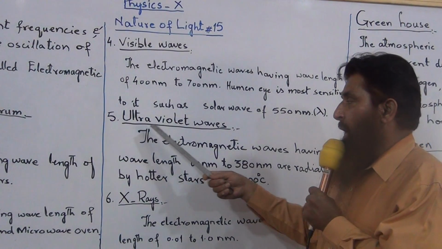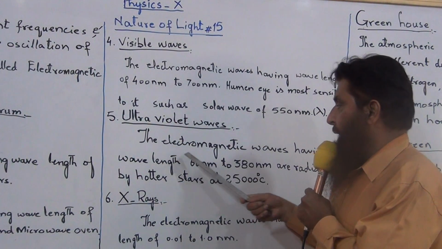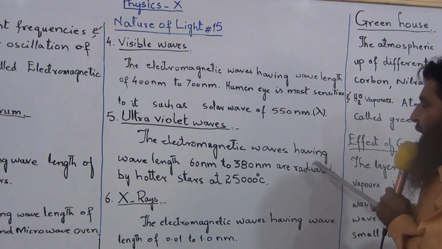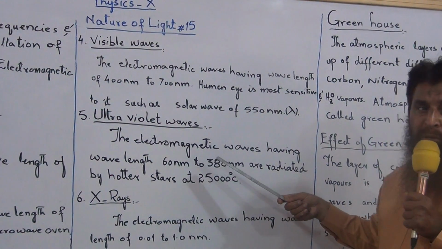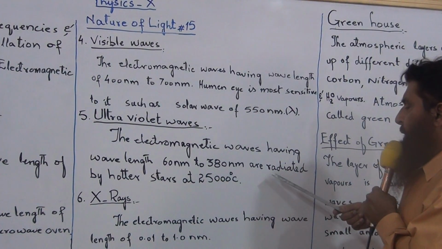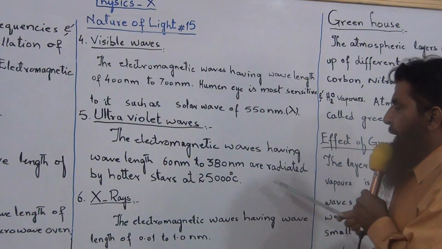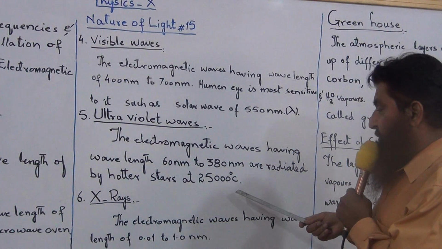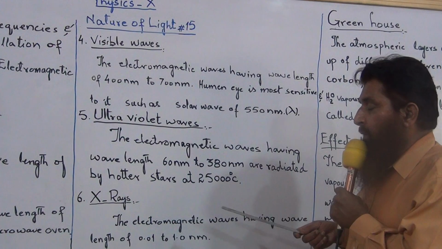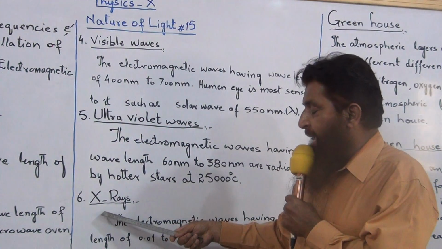Number five, ultraviolet waves. The electromagnetic waves having a wavelength of 60 nanometers to 380 nanometers are radiated by hotter stars at 25,000 degrees centigrade. Number six, X-rays.